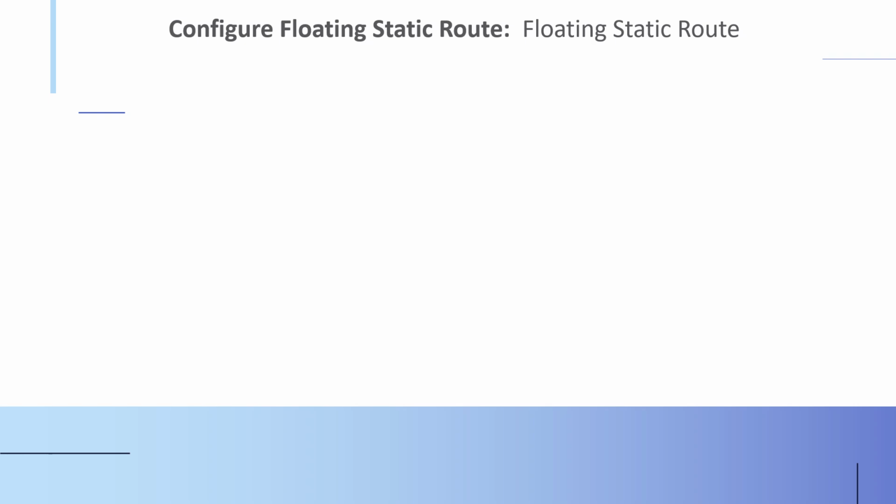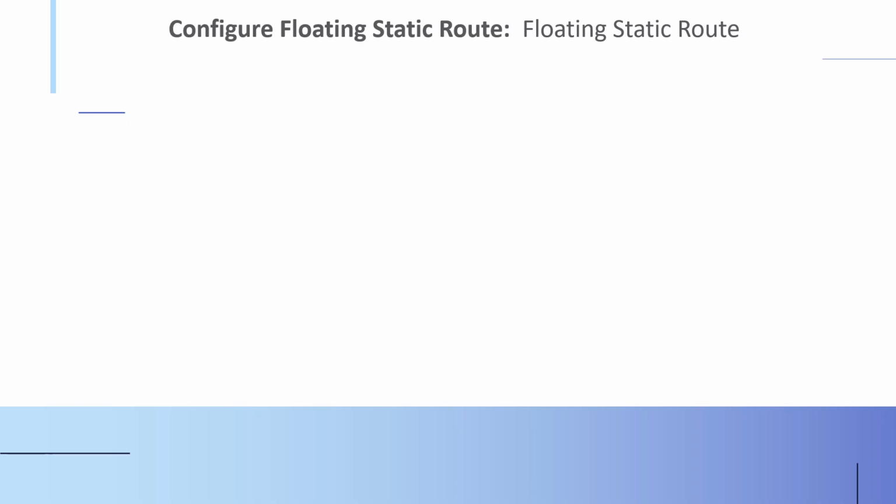For example, let's assume that an administrator wants to create a floating static route as a backup of an Enhanced Interior Gateway Routing Protocol (EIGRP) learned route. The floating static route must be configured with a higher administrative distance than EIGRP, which has an administrative distance of 90.